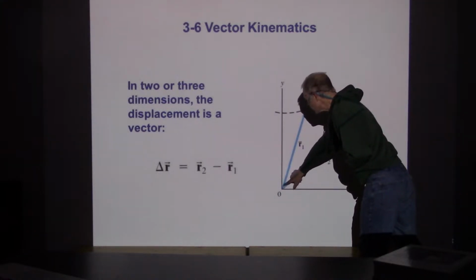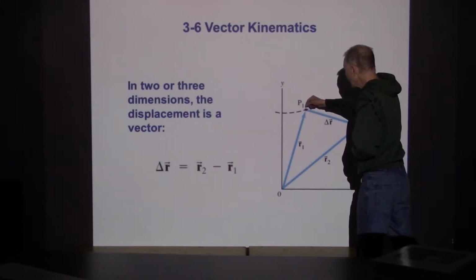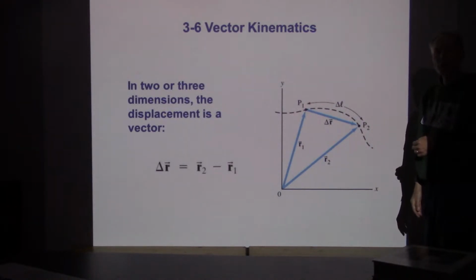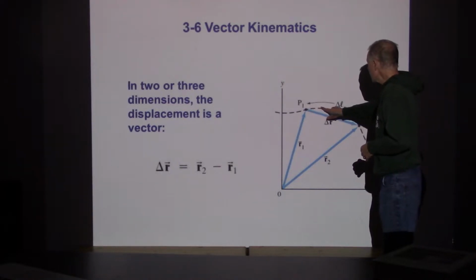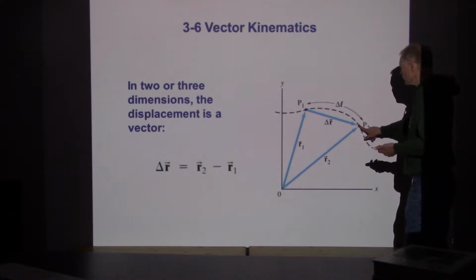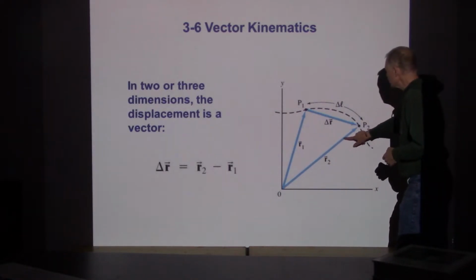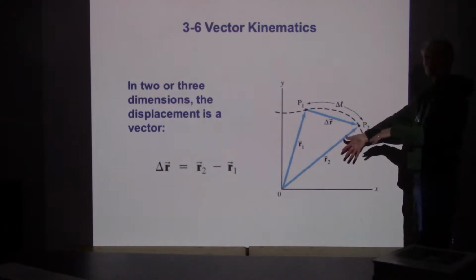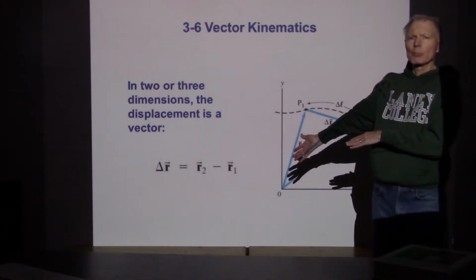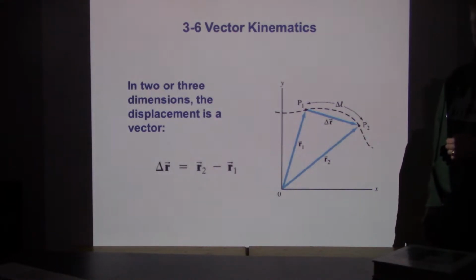So what we could do is define displacement 1 as giving us the location of where the object is at a particular time. So at time 1, the object was right here, and then it traveled, and at a later time, it was at this different location, and for that I can use a different displacement vector. Now the displacement vectors R1 and R2, they switched to R after the break. They stopped using big D, and now they're using little r.